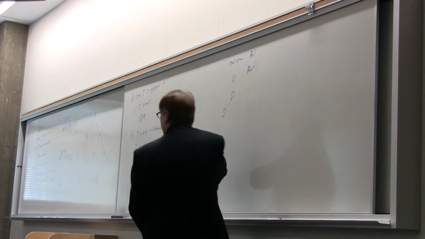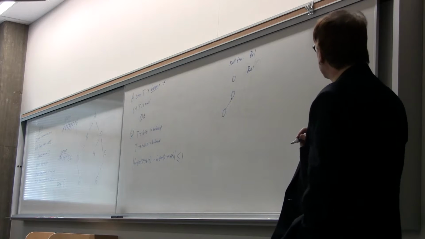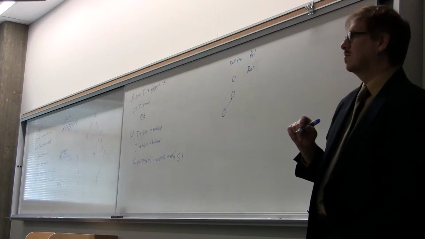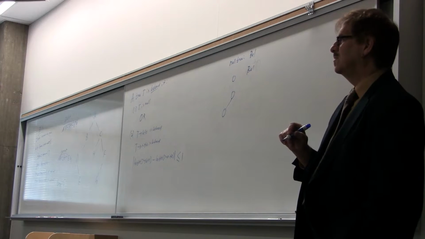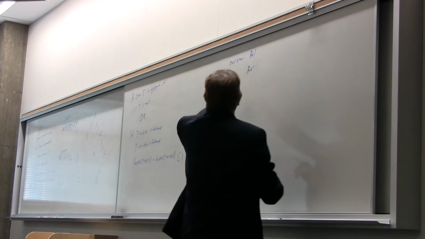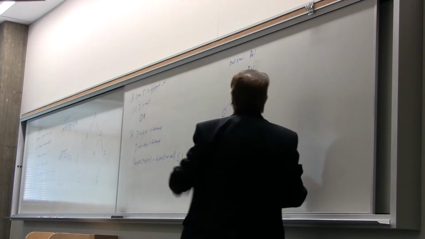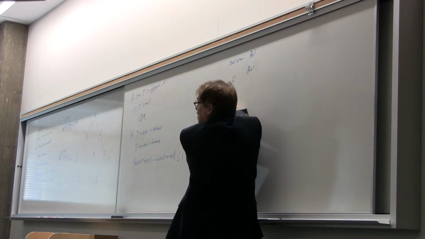What about this? So is the left subtree balanced? The left subtree is just this, which we already decided was balanced. The right subtree is null, which we also know is balanced. The left subtree is a single node that has a height of 0.